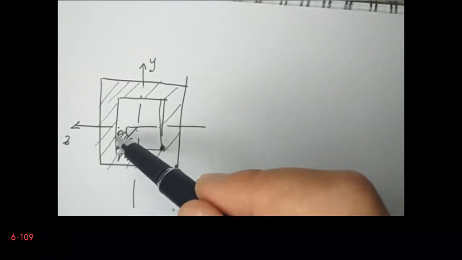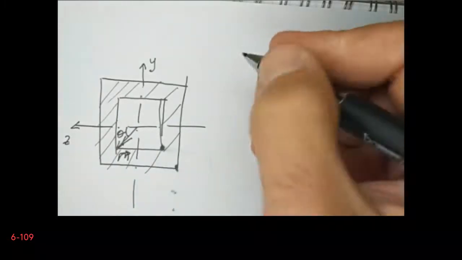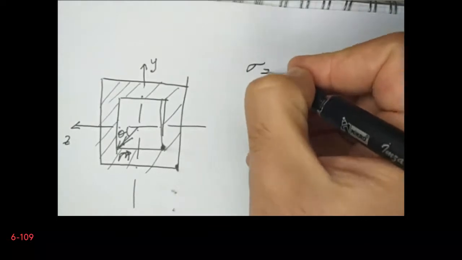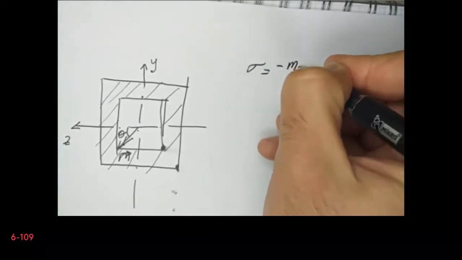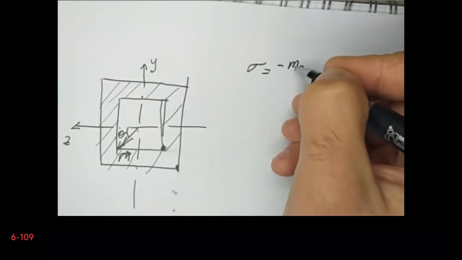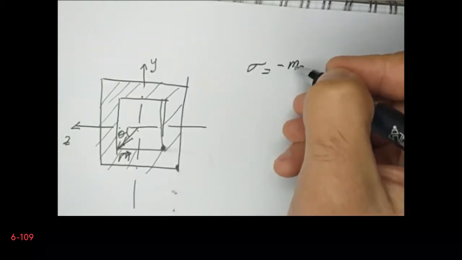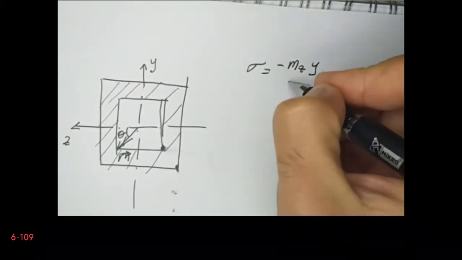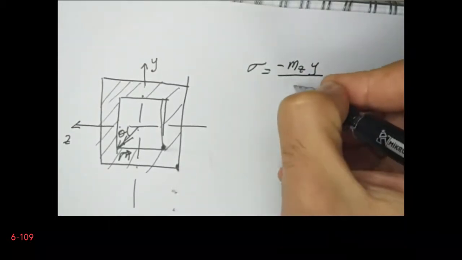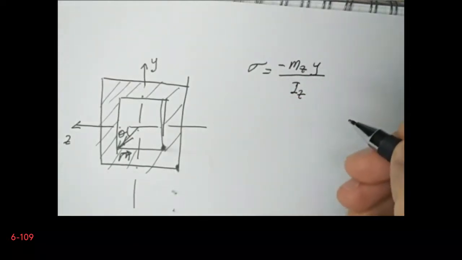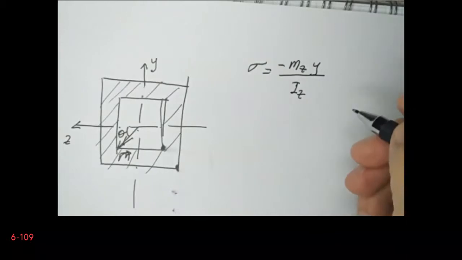In case of Mz, we know that the stress is equal to minus Mz, the bending moment which generates bending, times y, the distance from the centroid, divided by the moment of inertia around the z axis. So this is the case.